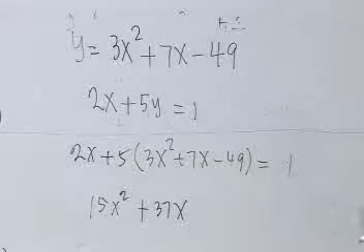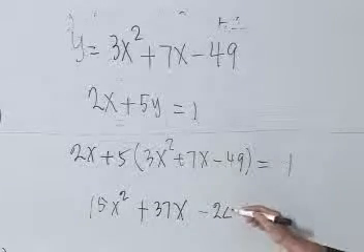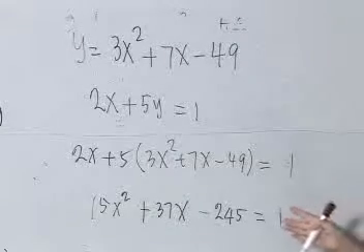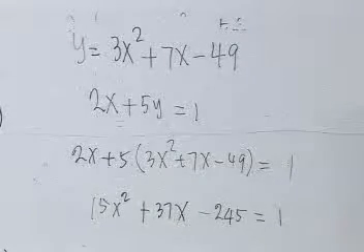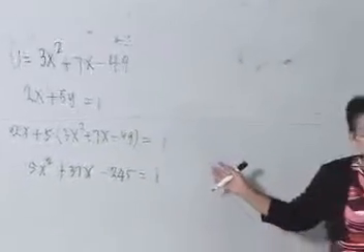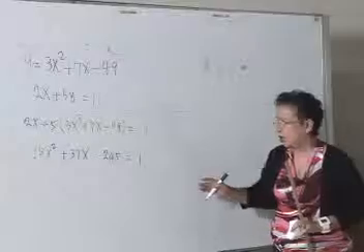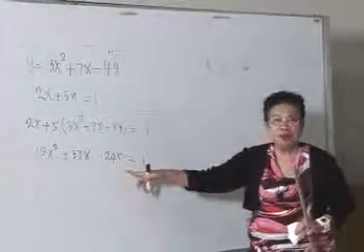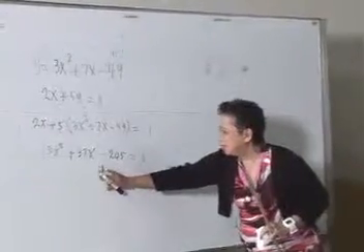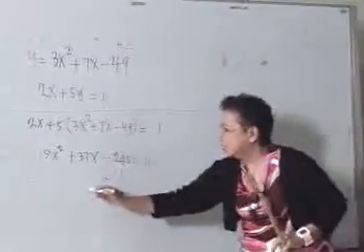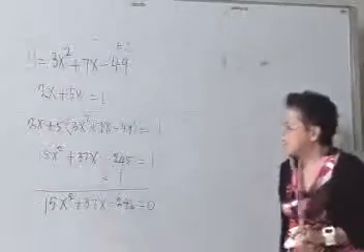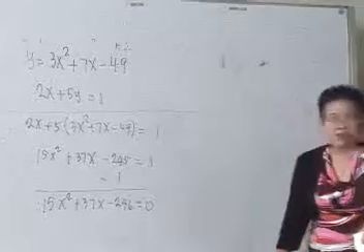That is minus 245. It's equal to 1. But we want it in the form ax squared plus bx plus c equal to 0. All the time, the right side should be 0 if we have to solve for x. So we transpose that 1 over there. When we transpose, that becomes minus 1. So then we get 15x squared plus 37x minus 246.